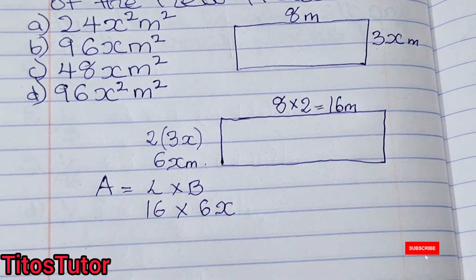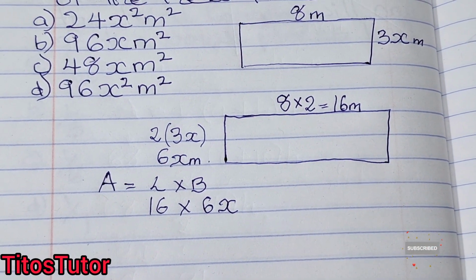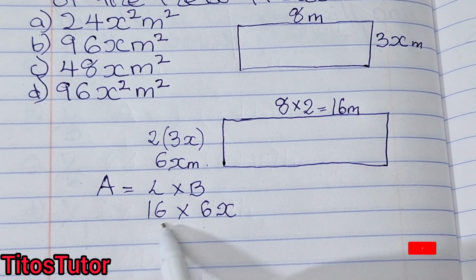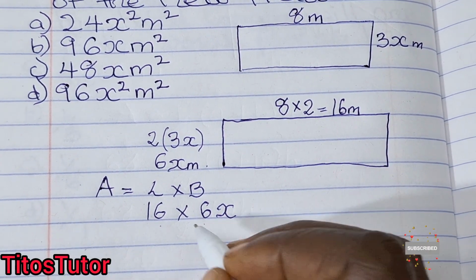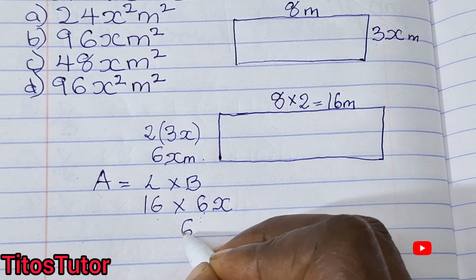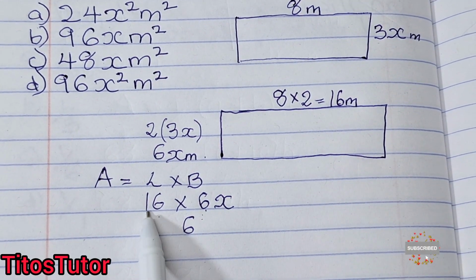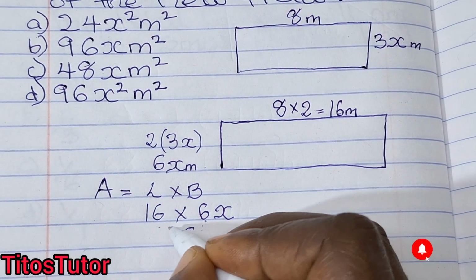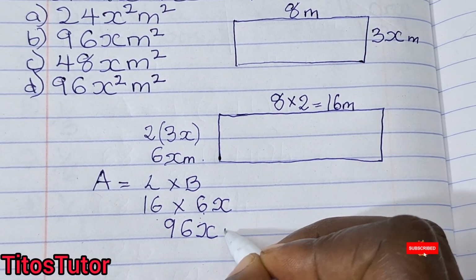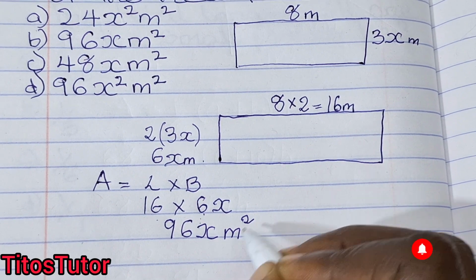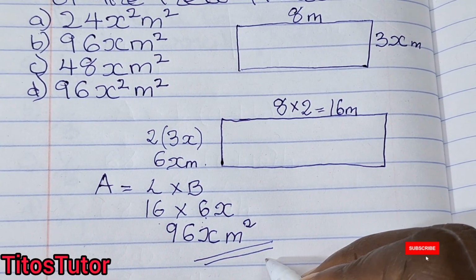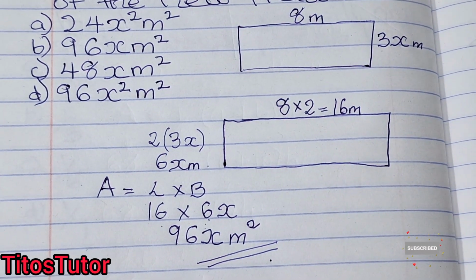So now it's time to multiply. Multiply 16 by the coefficient and you have 6 times 6 is 36. 6 times 1 is 6 plus that 3 is 9. So I have 96x meters square as the area of the new rectangle that was doubled.